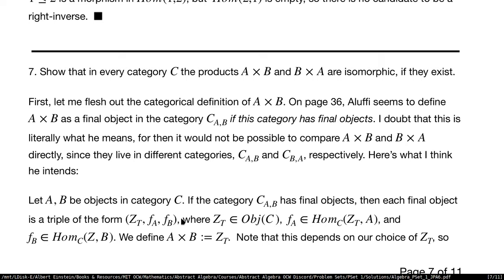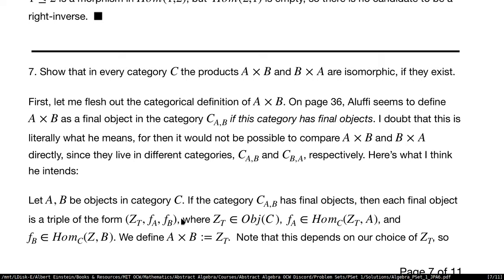If A and B are objects in C, then consider the category C_AB and its final objects. The final objects in C_AB aren't just objects in C, they're objects in C together with morphisms from Z to A and from Z to B. What I'm defining the cross or the product to be is just the set part.